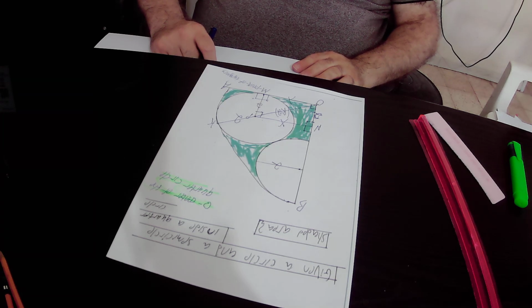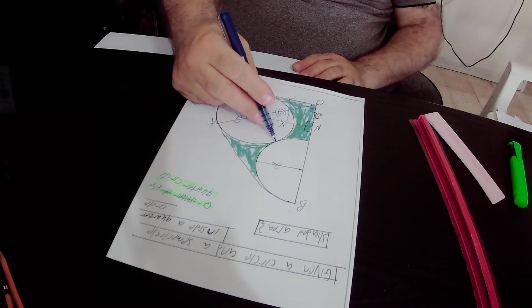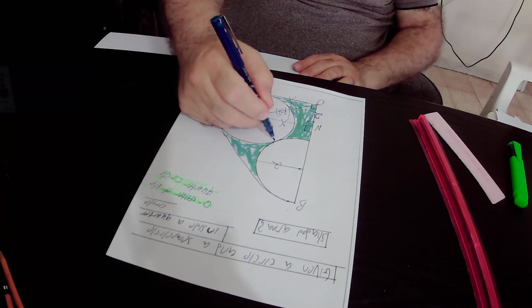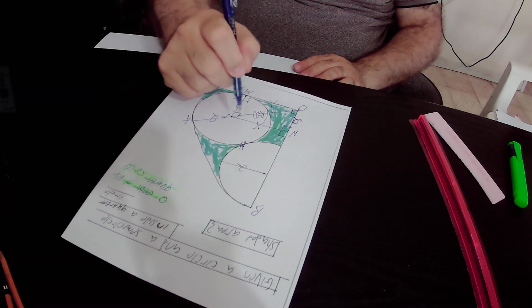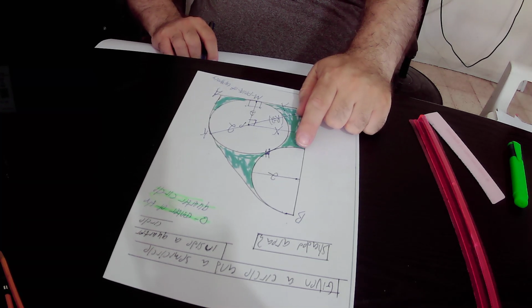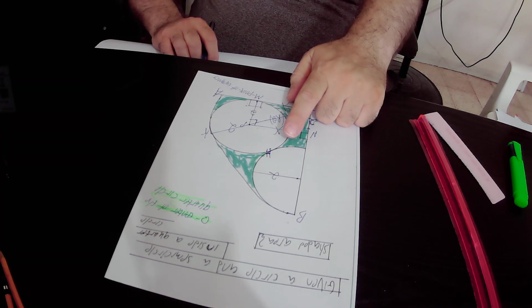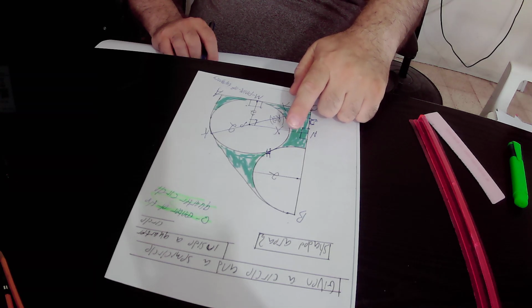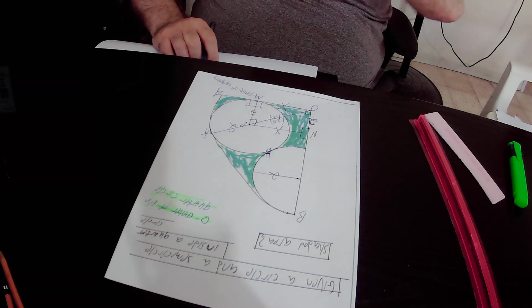So we will define the point of tangency of the circle and the semicircle as point H. We have an external tangency between the circle and the semicircle. That is to say, they are touching each other externally at point H. Point H is the touching point between the circle and the semicircle.